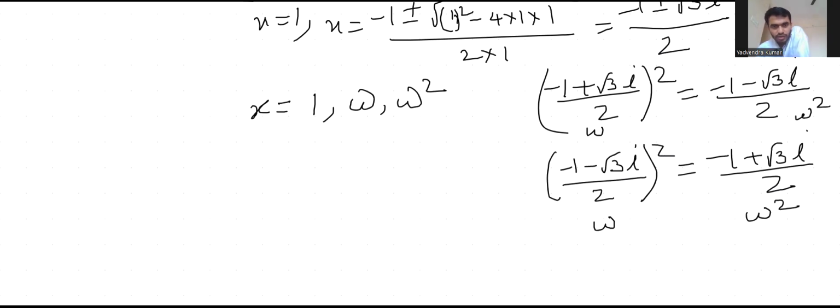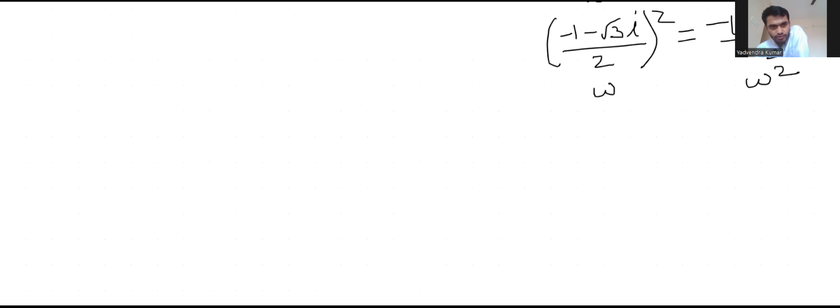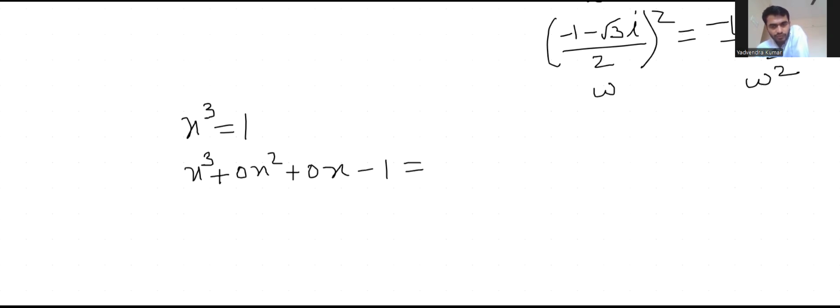Now coming to the equation. So the equation was x cube is equal to 1, right? So this can be written as x cube plus 0x square plus 0x minus 1 is equal to 0. So here the sum of roots, 1 plus omega plus omega square, is minus b by a.